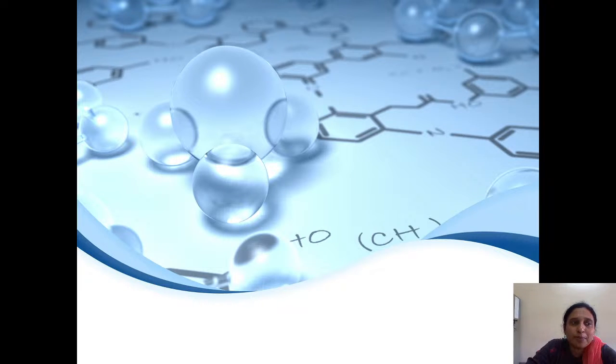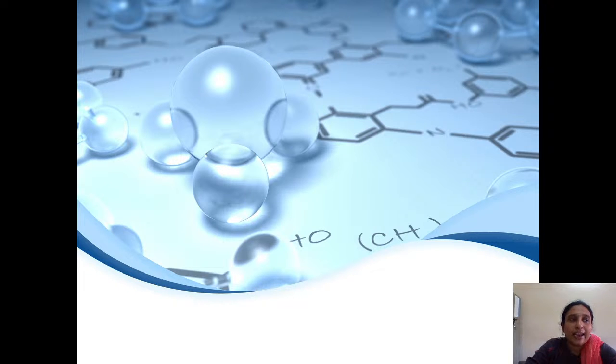Maximum buffering capacity occurs where pH is equal to pKa. I hope you are understanding. So pKa is the acid strength of the weak acid.